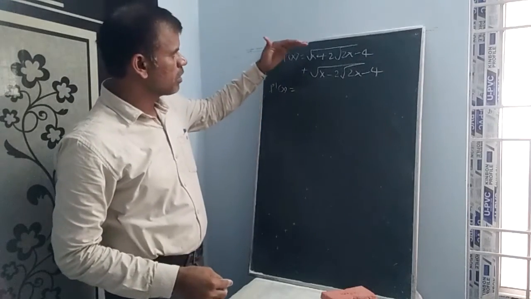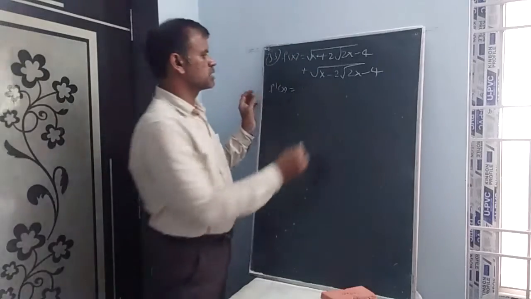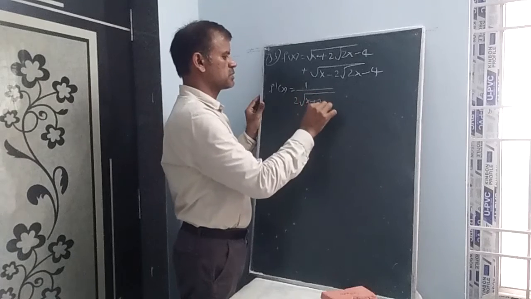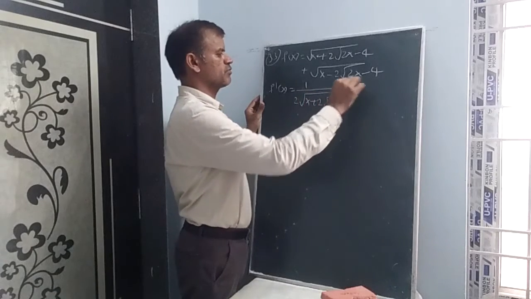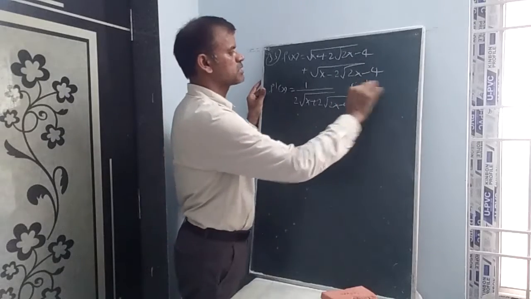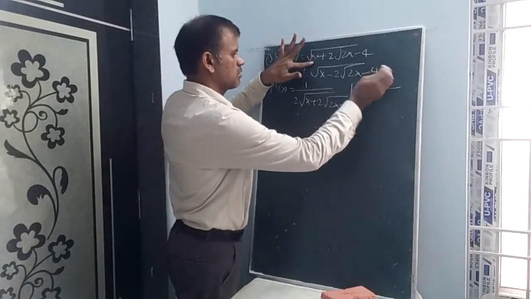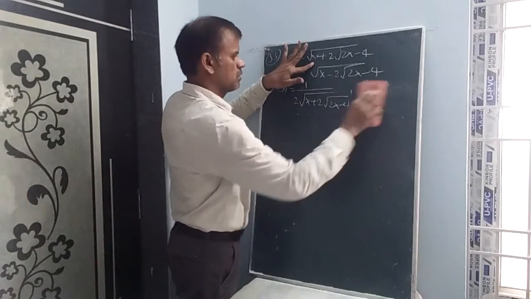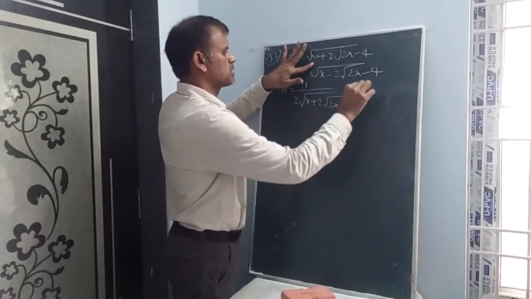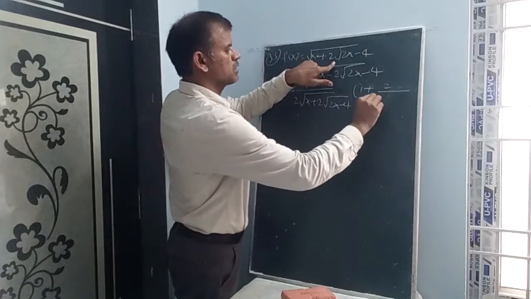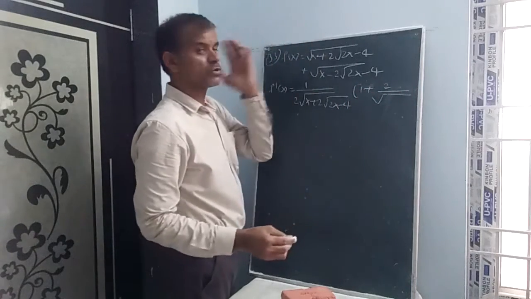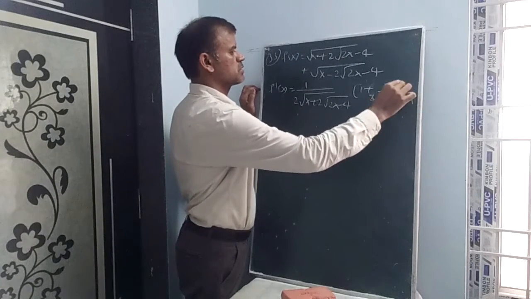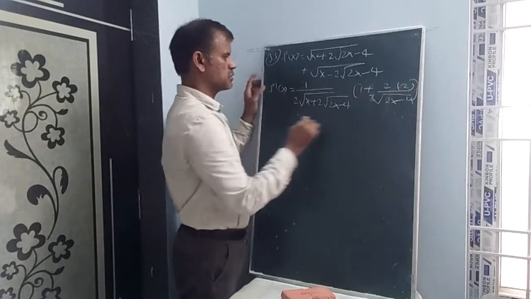F dash x is of the form root x plus root of something. Root x derivative is 1 by 2 root x. So 1 by 2 root of x plus 2 root of 2x minus 4, into the internal derivative: x derivative 1 plus, again, the derivative of 2 root of 2x minus 4, which is 2 by 2 into root of 2x minus 4, with internal derivative 2x being 2.